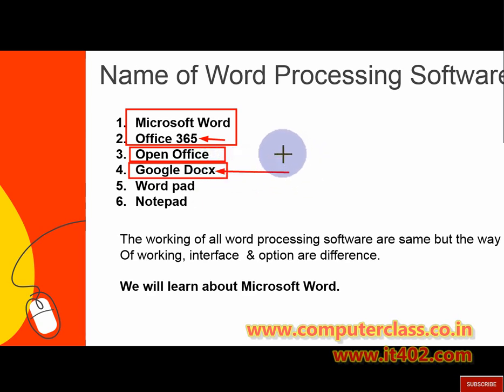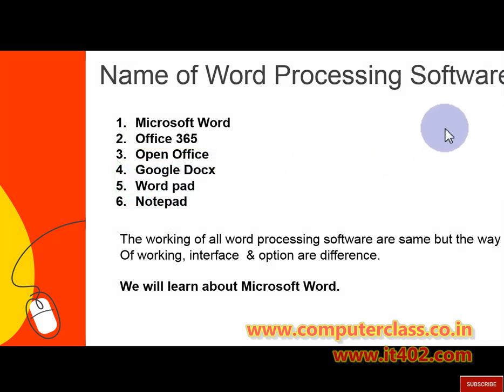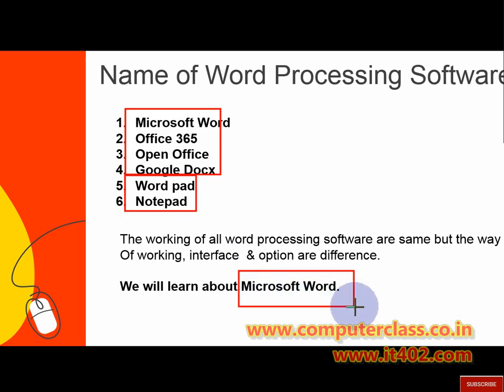There is also a great option in Google Docs, voice typing, where you can type something with the help of your voice. The last two, WordPad and Notepad, are part of the Windows operating system. These two have less functionality compared to the first four. So we will work on Microsoft Word in this tutorial.